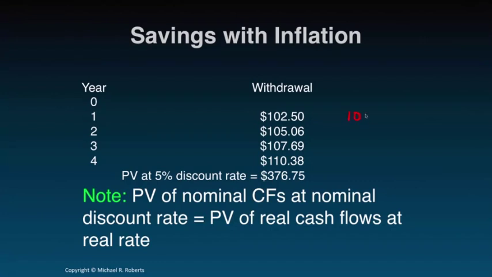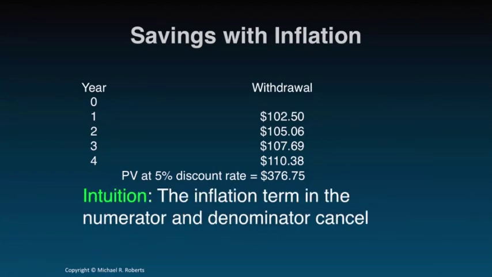Remember that when we were withdrawing $100 each year, but we discounted these at the real rate of return, which I think was 2.44%, right? We got 376.75. And all that's going on is that the inflation term in the numerator and denominator of the real computation is canceling out.